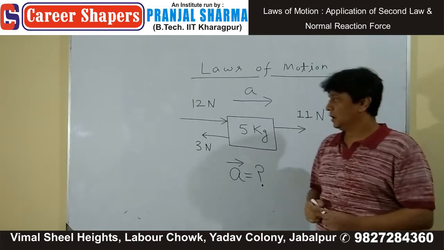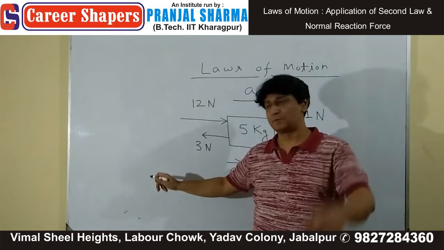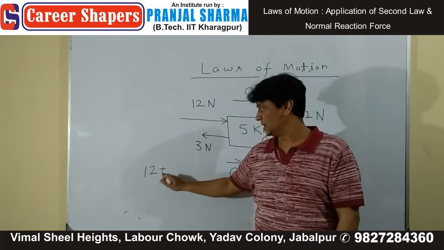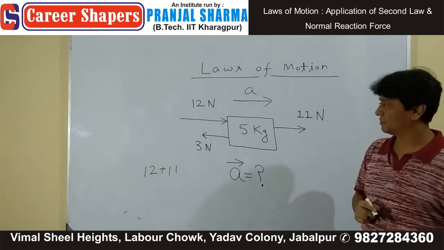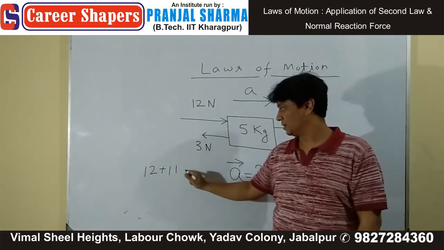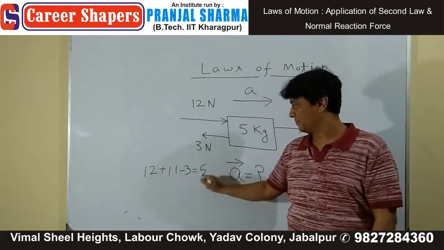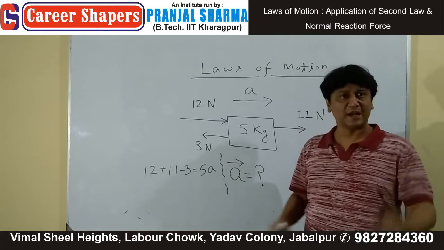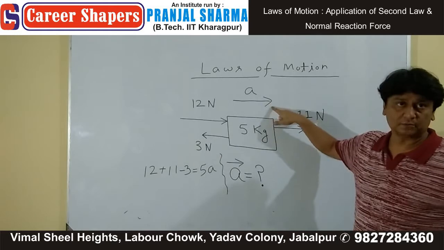So what is net force? Instead of writing vector form or anything like that, simply say what? 12 plus 11. They are supporting each other. And these two are being opposed by 3. Minus of 3. Mass 5. Acceleration A. There is no need for you to use any vector sign. You can see that you have already found the direction.